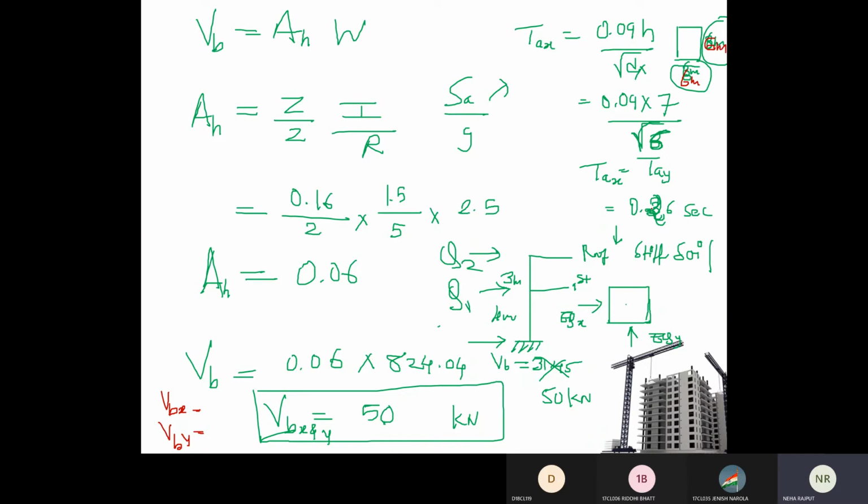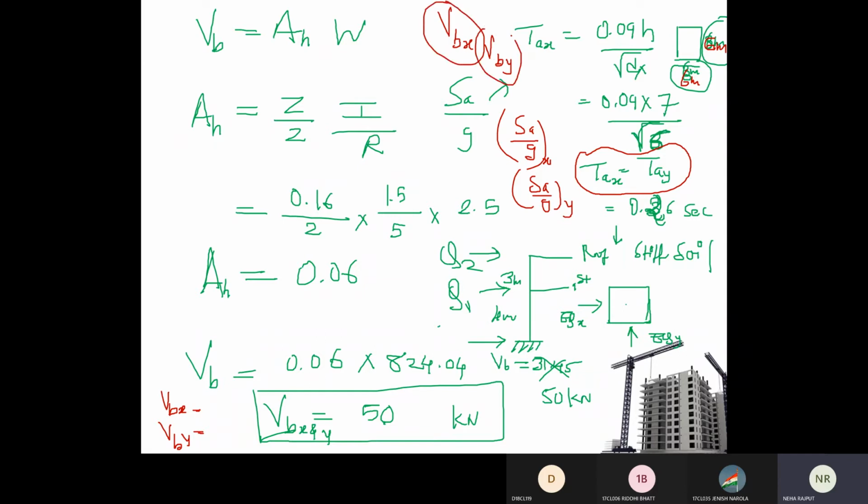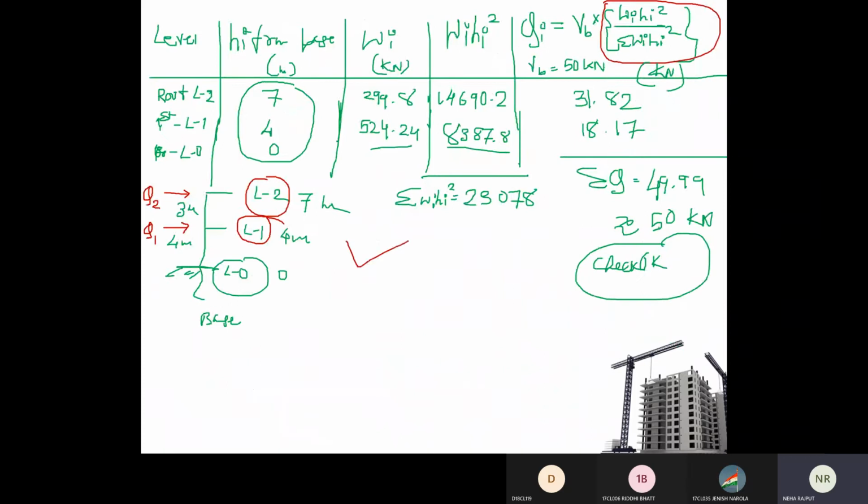But if suppose at any time, your time period of the structure in X and Y direction is different, and due to that difference your Sa by g value for X and Sa by g value for Y, if both these values change, then you will get the change in your VBX also and in your VBY also. And if there is change in VBX and VBY, then this table you need to prepare 2 times.